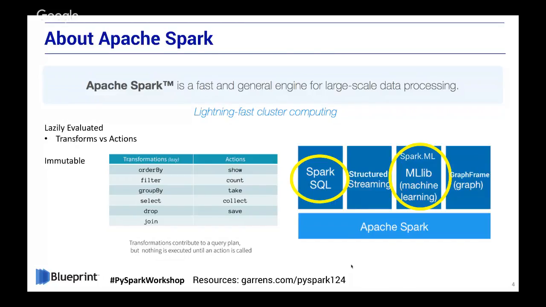So on the actual computing front, when you write PySpark code, or any Spark code at all, you'll see here that I have it listed as lazily evaluated, transforms versus actions. Right here on this table, transformations are lazily evaluated.